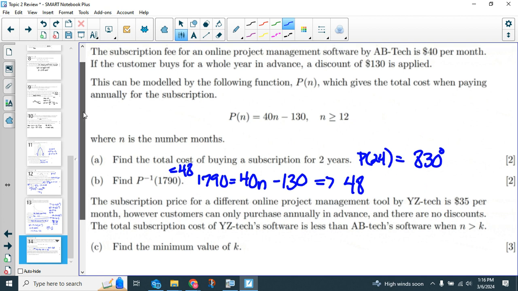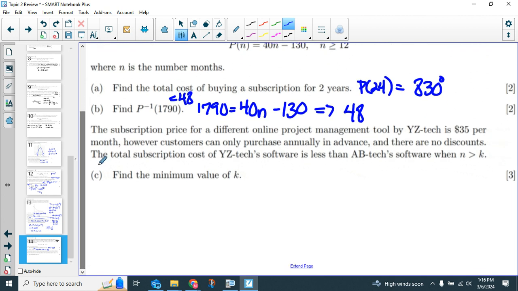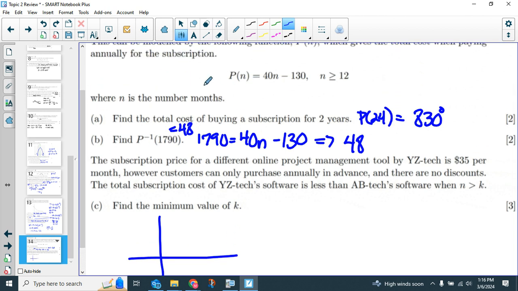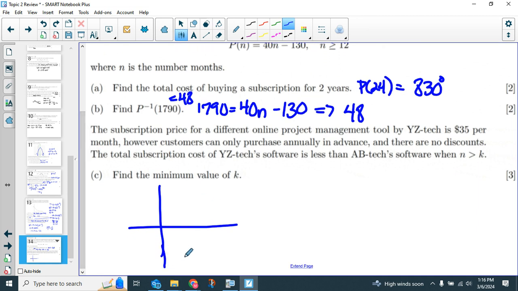Now it's kind of easier to draw a little sketch of it yourself. So think of the graph 40n minus 130, with a y-intercept of negative 130 and a slope of 40. Then this other one is 35n, essentially, so a y-intercept of 0 but a slope of 35.